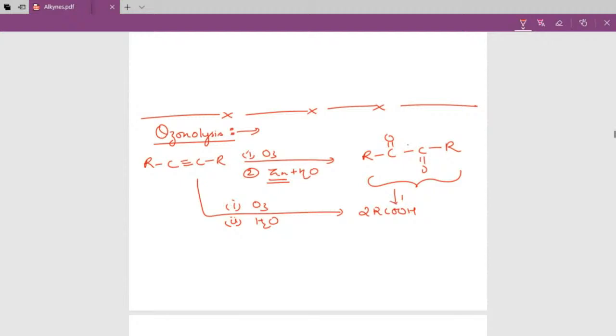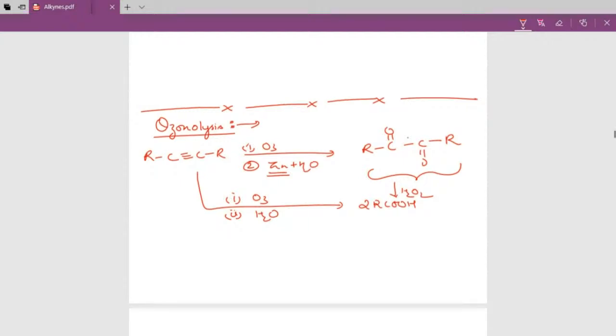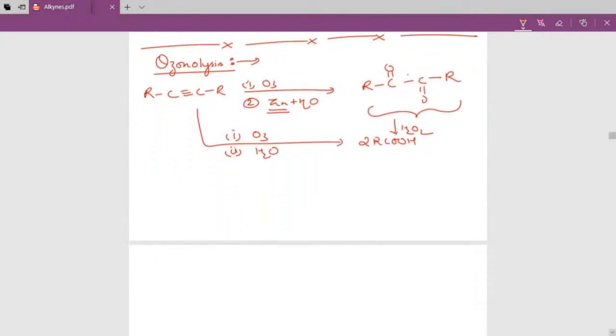If H2O2 is allowed to survive in the reaction condition, then the answers are no more 1,2-diketones. The answers become 2 moles of carboxylic acids by this bond fission. Is it okay? Clear? So please carefully check what is given. Nothing more specific is there in this ozonolysis reaction.